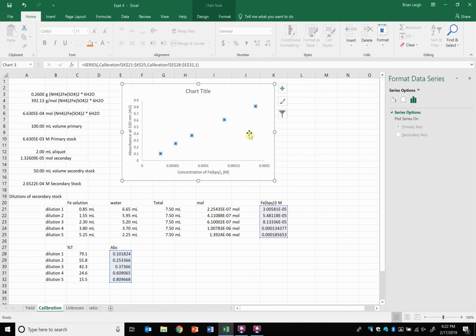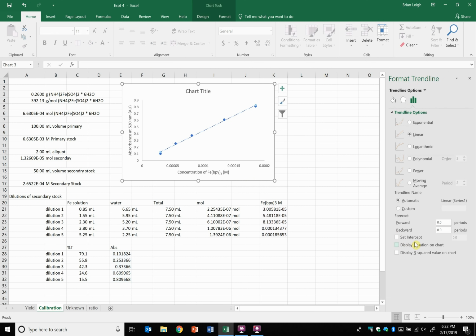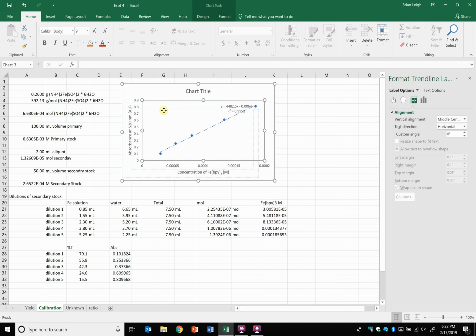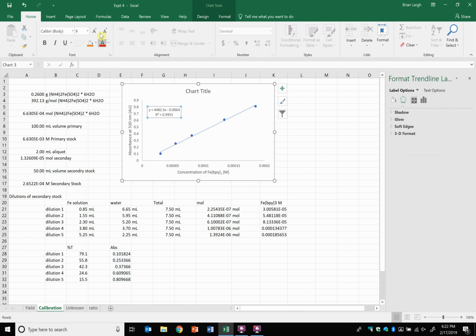Beautiful. Now we need to add our trend line. Come on, drag over. There we go. Bigger.